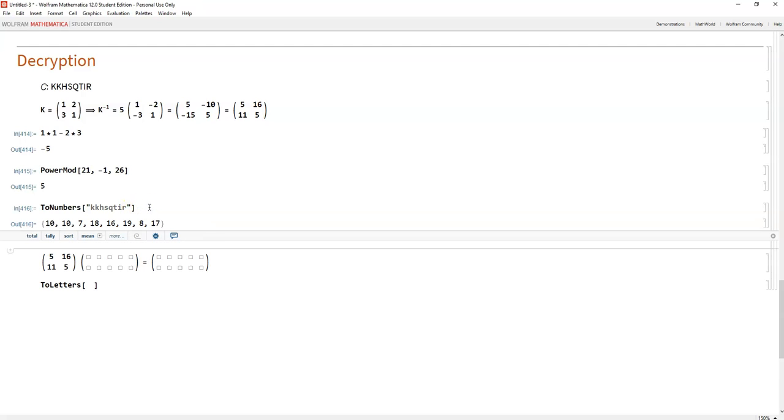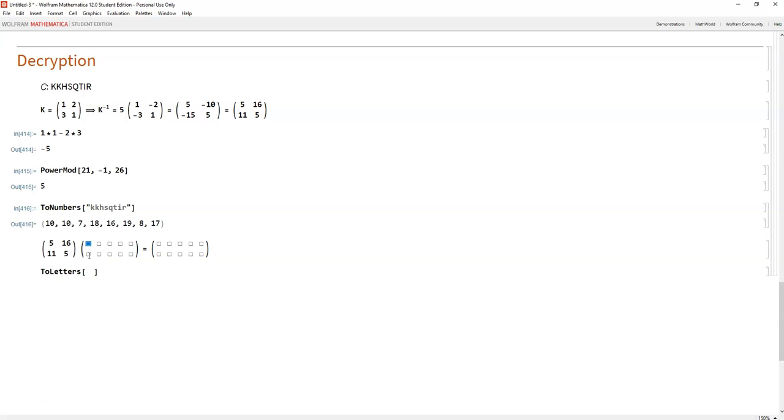But I undo it, or I decrypt the same way I encrypted. So in particular, again, my numbers go in as pairs, as columns. So I'm going to get 10, 10, and then 7 followed by 18, and then 16 followed by 19, and then 8 and 17.